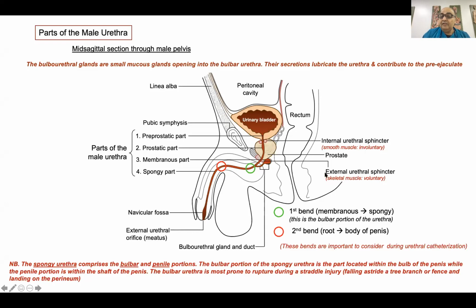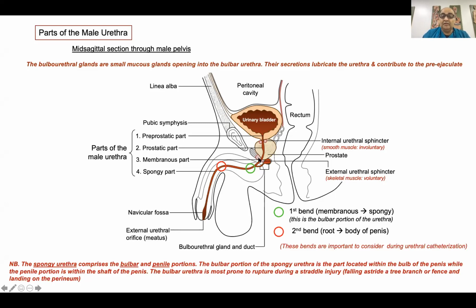So a somatic nerve controls the external urethral sphincter, made up of skeletal muscle. The autonomic nerves control the internal urethral sphincter, made up of smooth muscle. They are not in our control, and the external sphincter is in our control. The pudendal nerve, an example of a somatic nerve, controls this external sphincter.